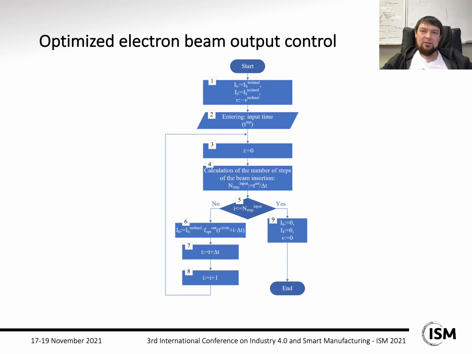Then, while the condition at the fifth stage I is less or equal to n step output is true, the sixth through the 8th stages are performed, namely calculating the beam current IB and increasing I by 1 until I is greater than n step output. Then IB, IF, and velocity are assigned to 0 and the control ends.